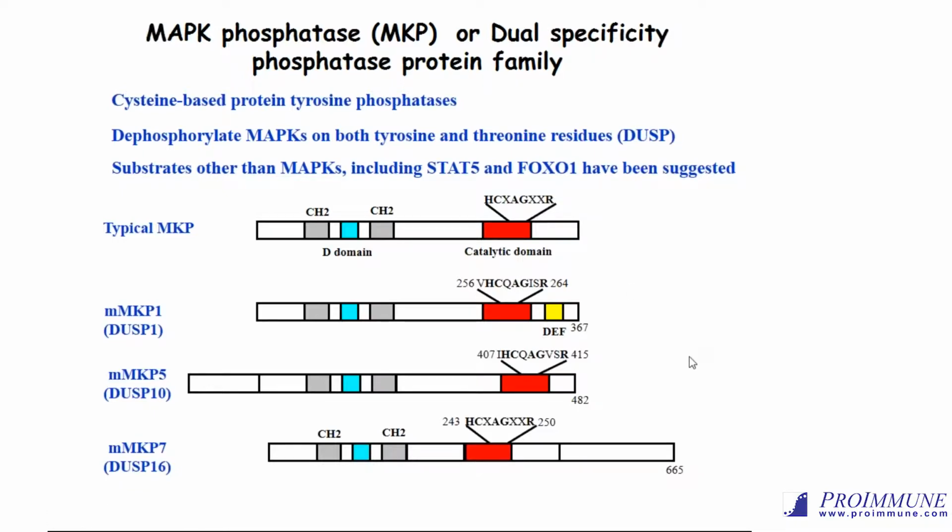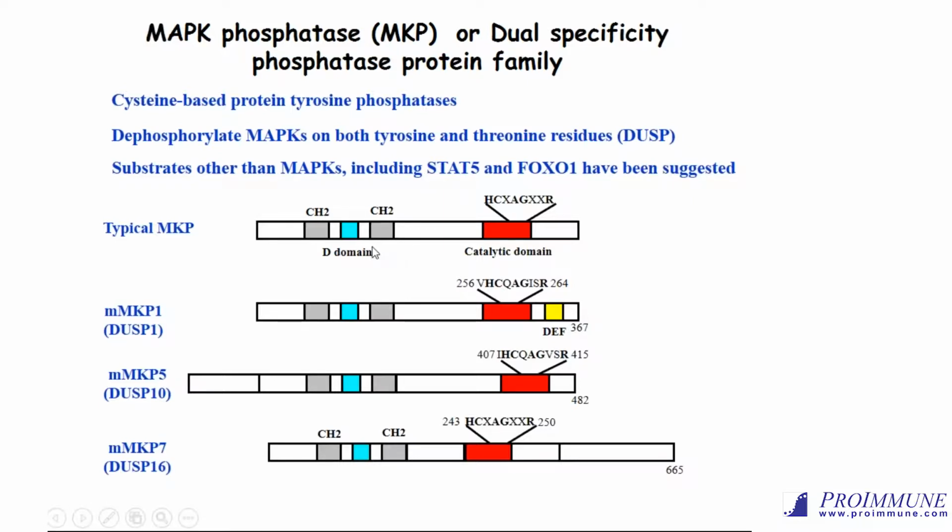Therefore, they are also known as dual specificity phosphatases. Originally, they were identified as the major negative regulators of MAPK. Accumulating evidence has shown that they are also able to regulate the activation of other important molecules, such as STAT5 and FOXO1.